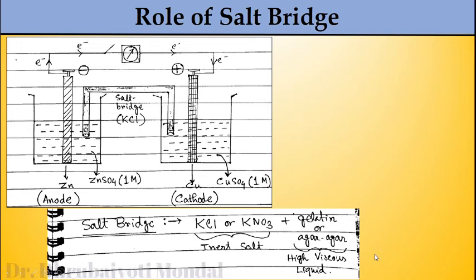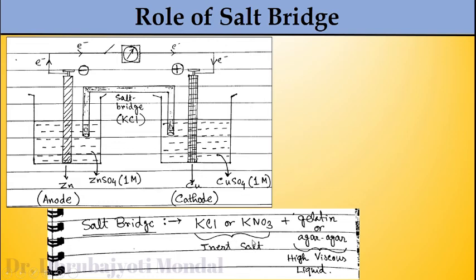The viscosity of the liquid is very high; the viscous liquid used here is gelatin or agar agar. When this inert salt and this viscous liquid are mixed, they form a gel-like structure, and that's why this gel-like structure cannot easily come out from the salt bridge.